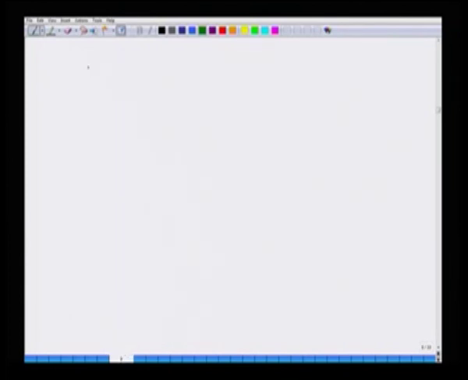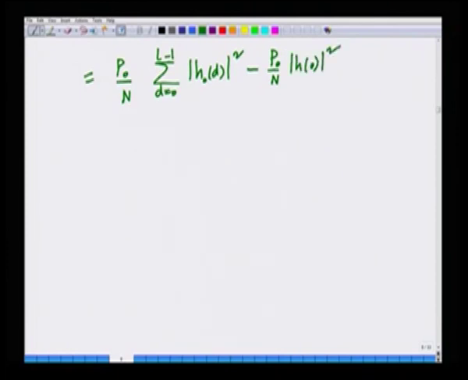So, this can be written as P0 over n summation d equals 0 to L minus 1 H0 d whole square minus P0 over n H0 square. Remember, there was no component d equals 0 in the previous expression; I am adding the d equals 0 component and subtracting the d equals 0 component.